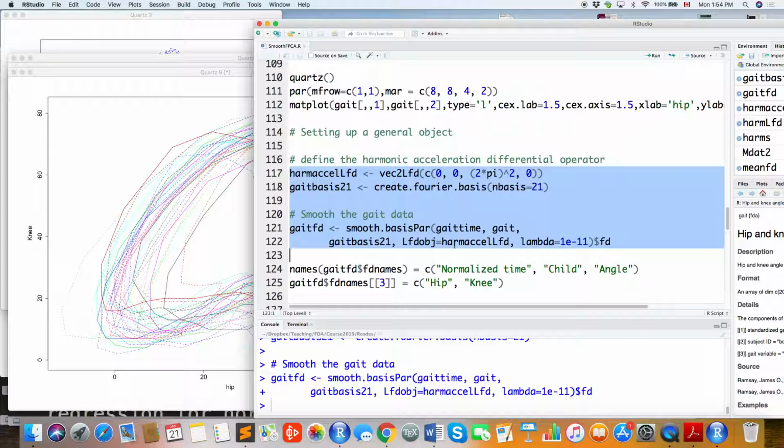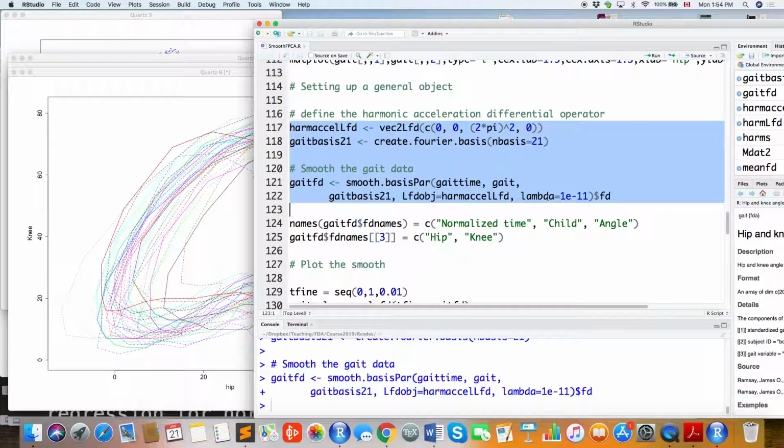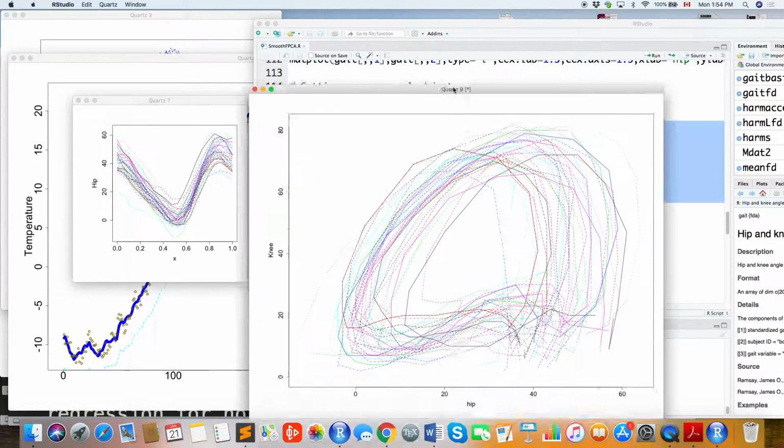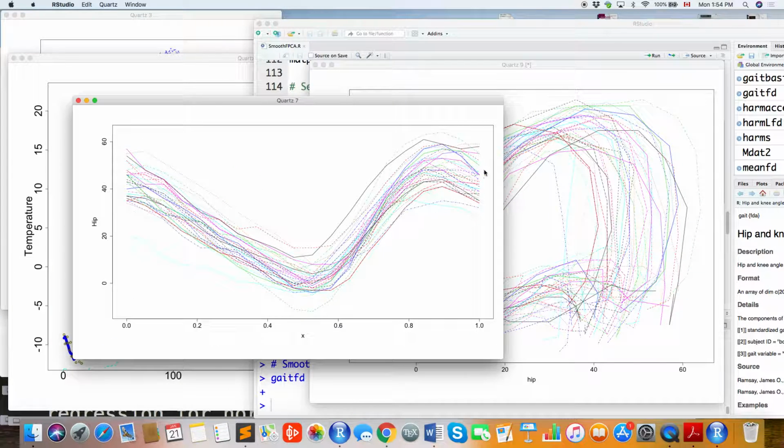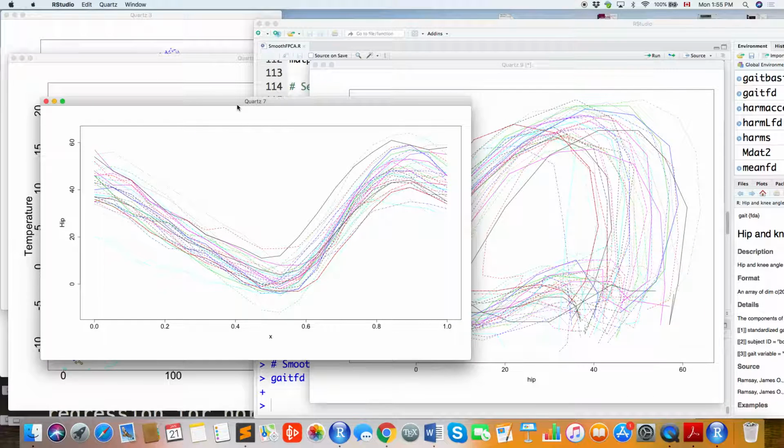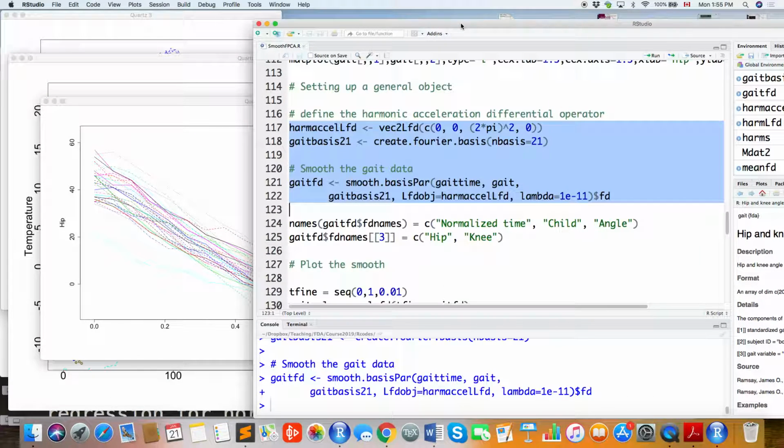The smoothing parameter is set as 10 to the minus 11. Again, this gait data is already pretty smooth, so we don't want to put too much roughness penalty on this curve.